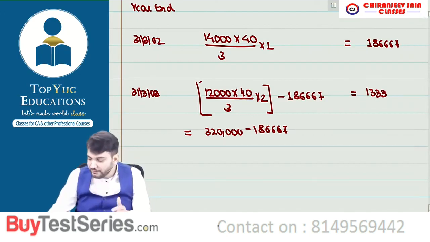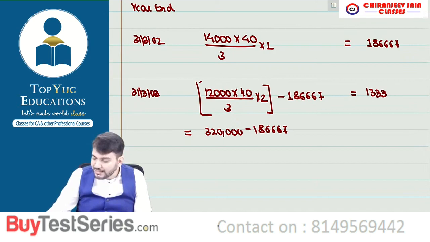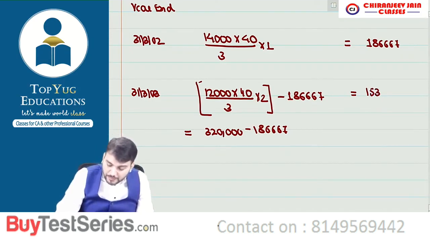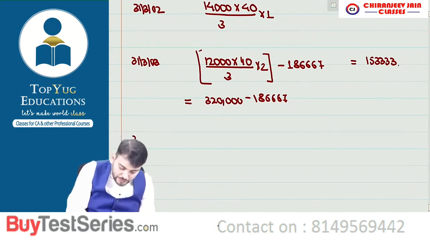Sorry, it is 3,20,000 minus 1,86,667. It is 1,33,333. Then last, 31st March 2004.